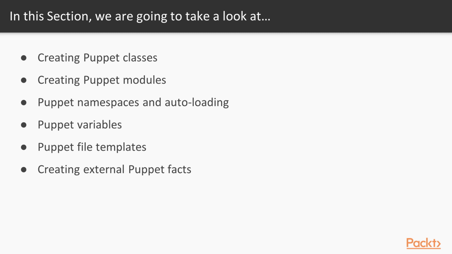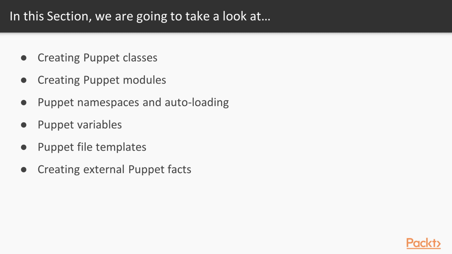So in this section, we will start by learning what are Puppet classes and how to create them. Next, we will learn how to create and use Puppet modules. Next, we will start to unveil the modularity of Puppet and start learning Puppet namespaces and learn concepts regarding autoloading. After that, we will learn in detail what are Puppet variables and how to use them efficiently in our modules.